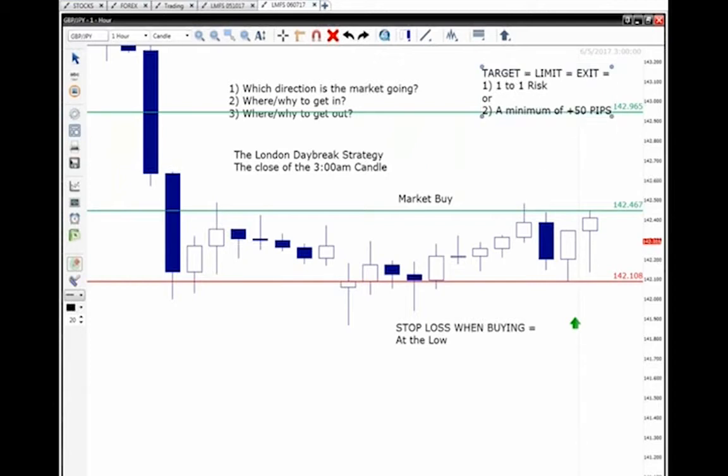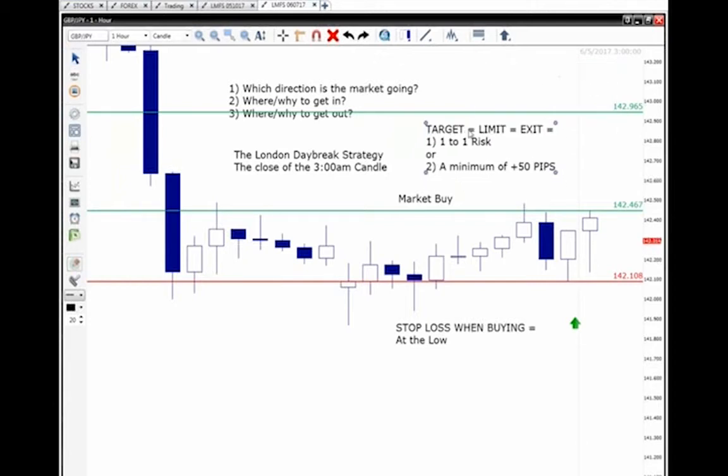So that's going to be our target. In this case, if you remember, we're risking 36 pips on this trade.